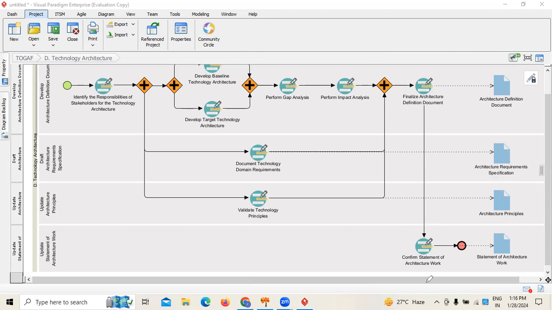This is where we develop the confirmation statement architecture. Finally, it will land with the statement of architecture work that we have to perform.